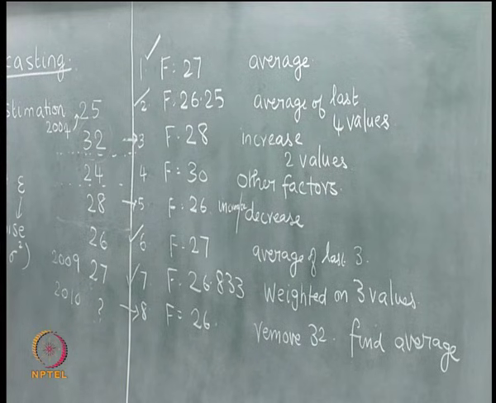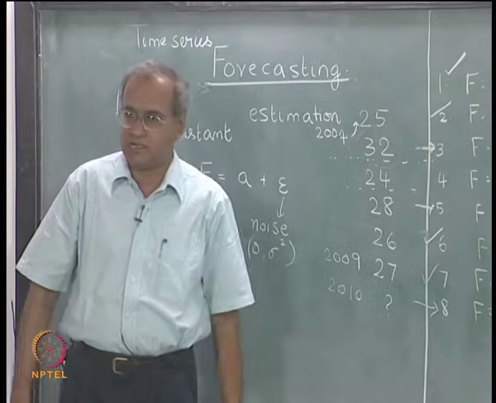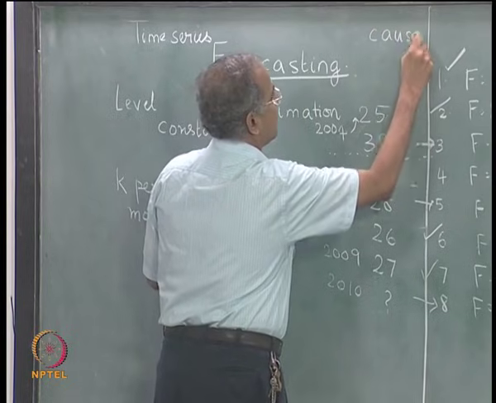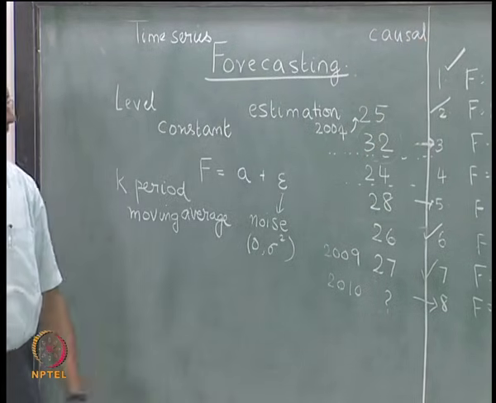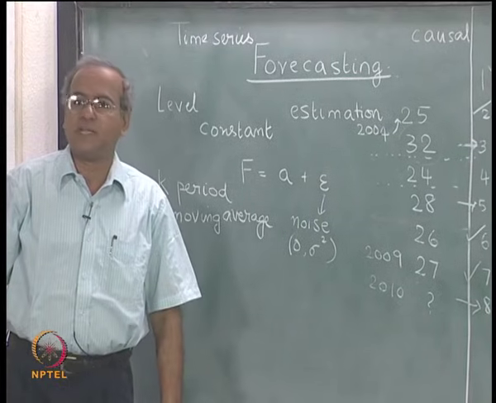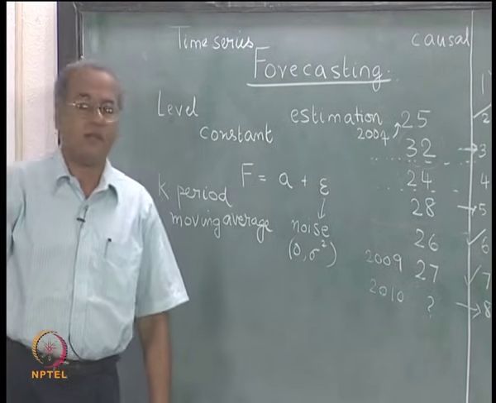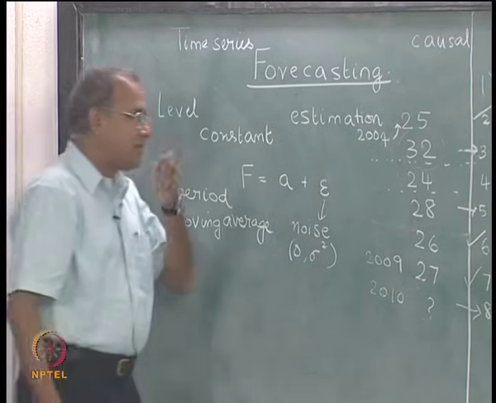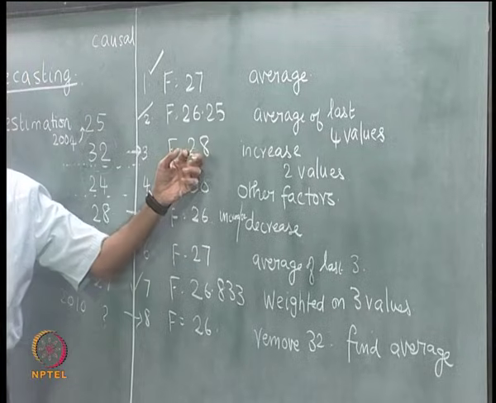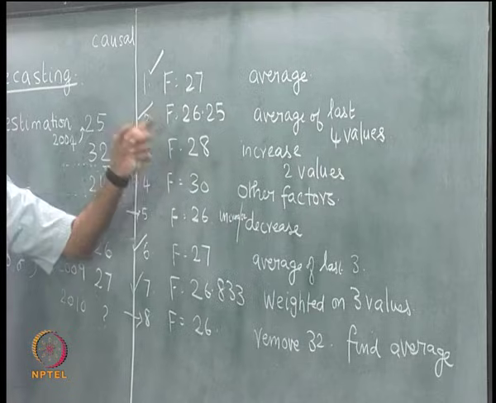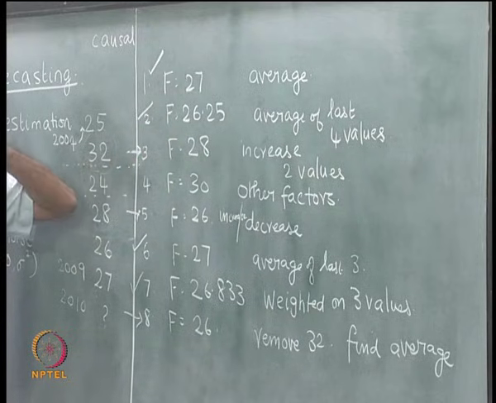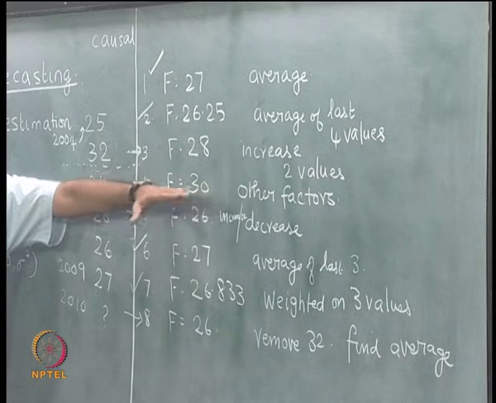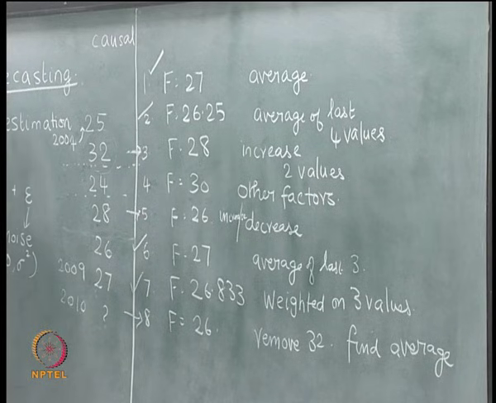Models where other factors influence the forecast are called causal models, where there is a cause and effect relationship between the forecasted variable, which is the dependent variable, and the causal variable which becomes the independent variable. So, even though this is a reasonable value, the thinking process behind this value comes from the assumption that there are other factors, and that leads to other types of forecasting models.